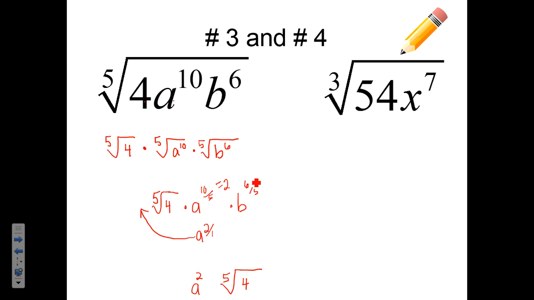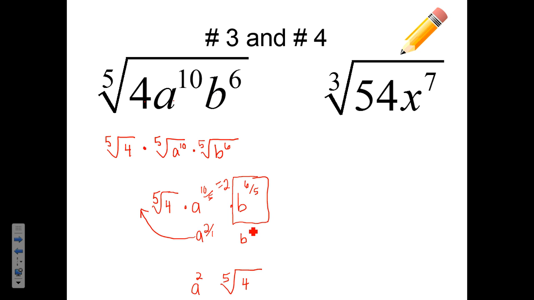Okay, now this one's a little bit more complicated. So we have to think about this one. Now you just got done learning about simplifying exponents. So I'm going to ask you a really tough question.